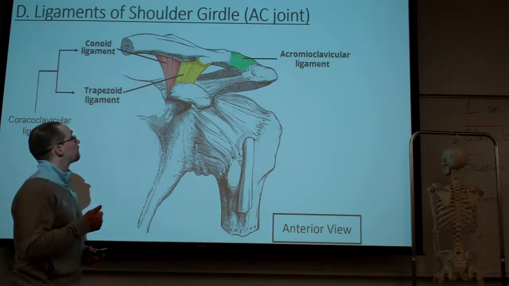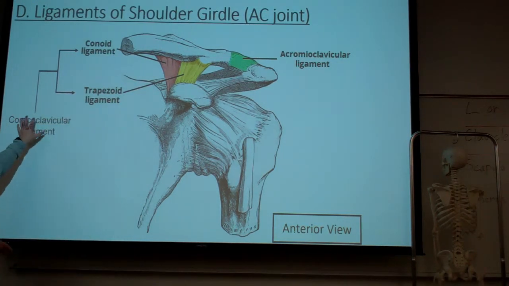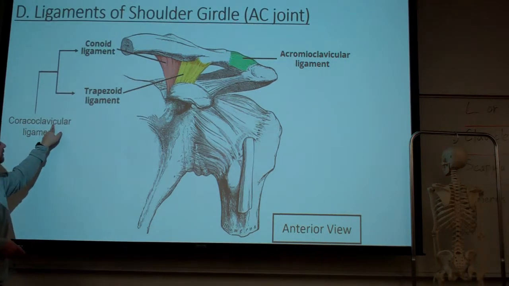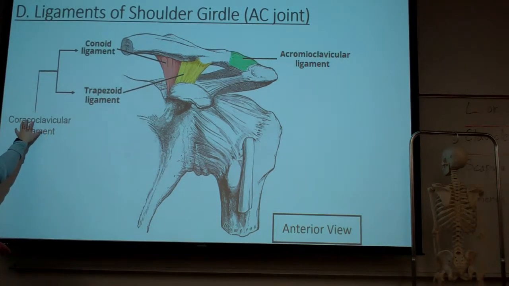So you got that. We've also got the coracoclavicular ligament. Coraco, we're thinking coracoid process, clavicle. So coracoid process of your scapula and your clavicle, they're held together by this ligament.